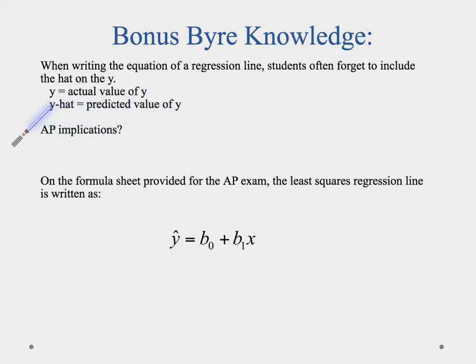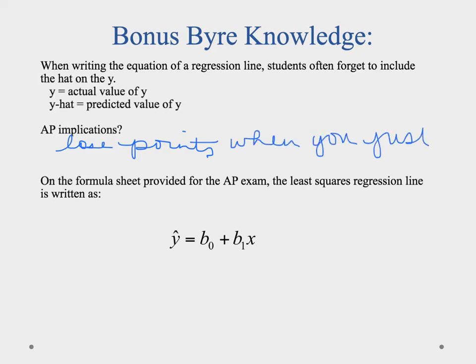We are getting a predicted value by using a line of regression. Often this is something that you'll miss on the AP exam and you will lose points when you just put y.